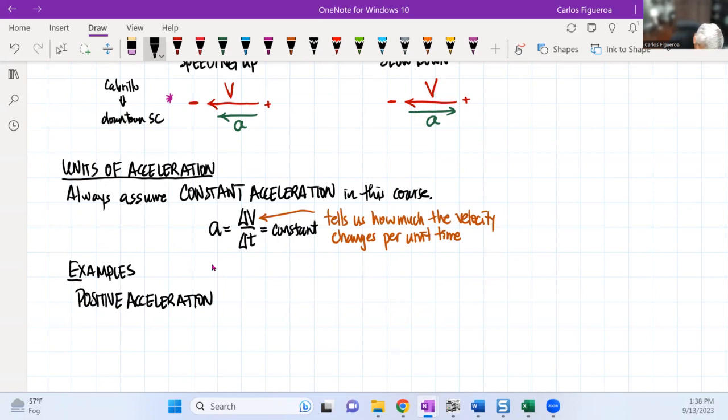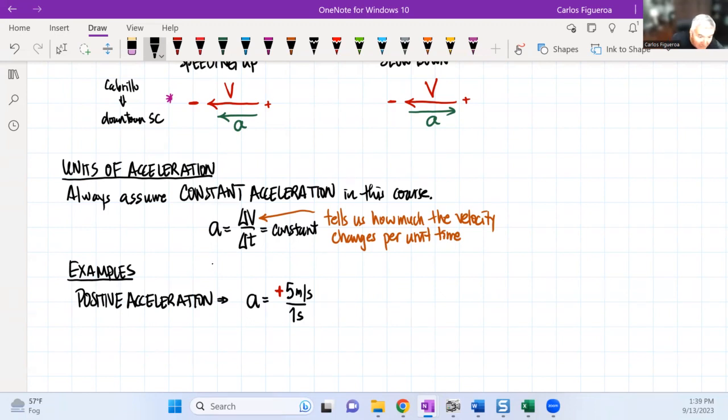For this example, I'm going to say that my acceleration is going to be plus, that means positive, 5 meters per second every 1 second. So what does this mean?